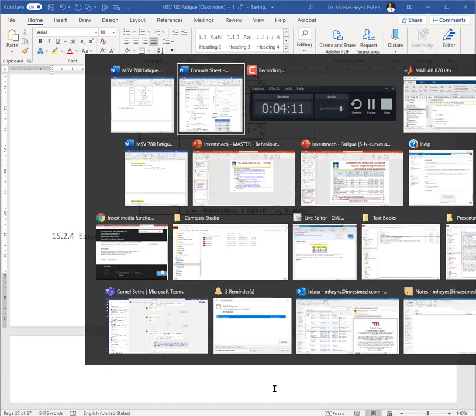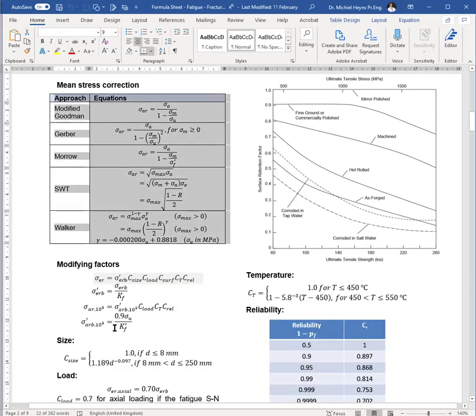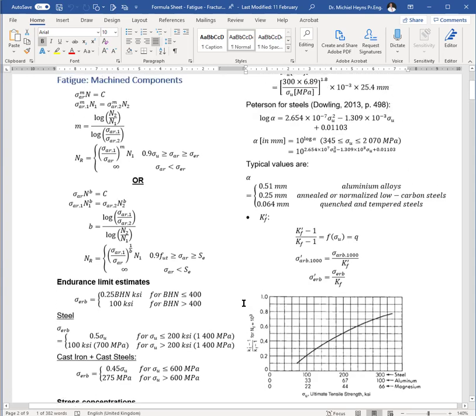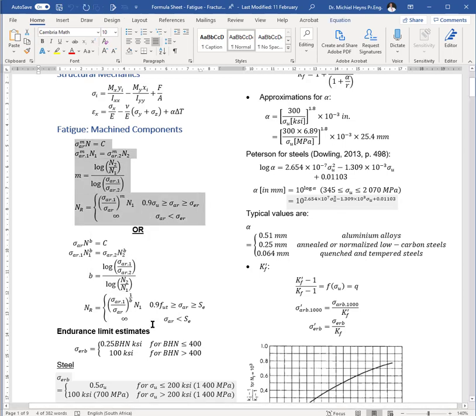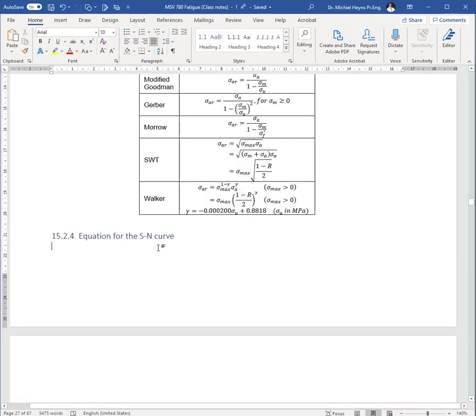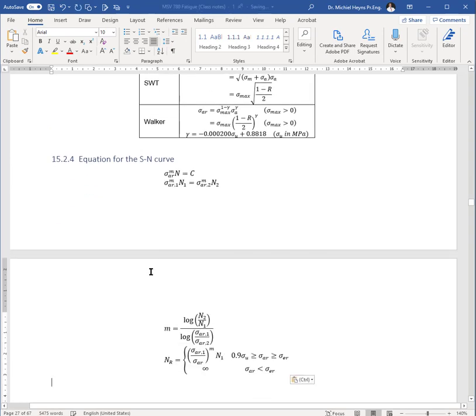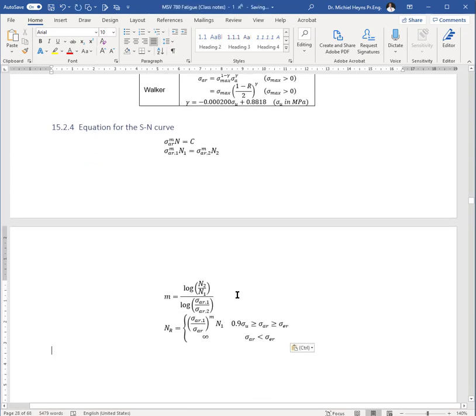I'm going to the formula sheet because otherwise I need to page severely through your textbook to get to the necessary problems. Let's use this equation here. You can use two equations, this one or this one, it doesn't matter. But I like to use the exponent m, so let's use this one. I'm going to copy it and take it to our formula sheet. So this is the equation for the S-N curve that we're going to use.